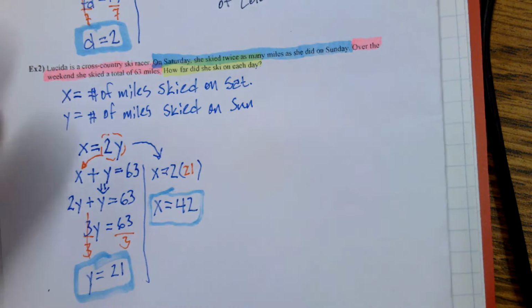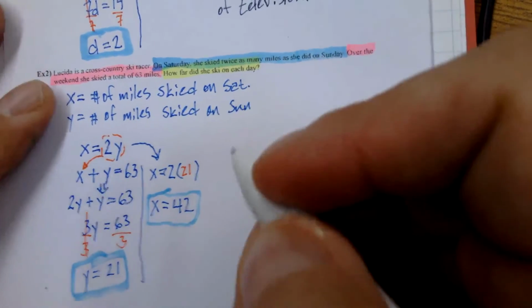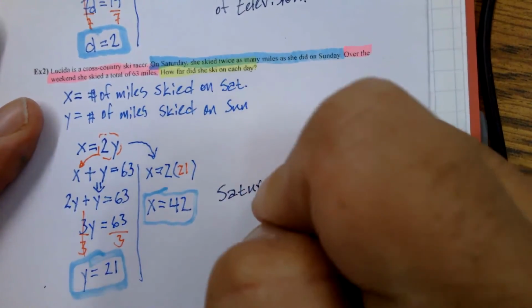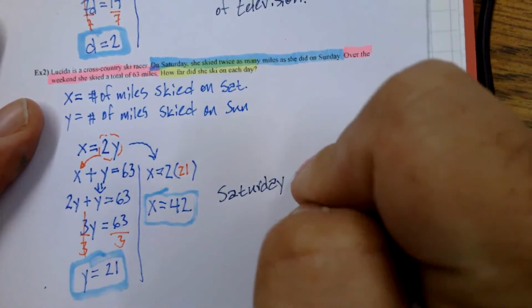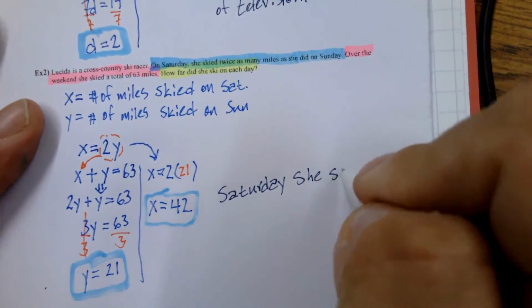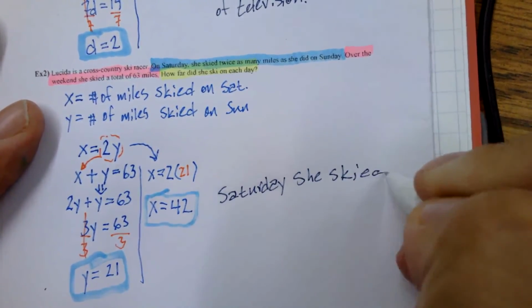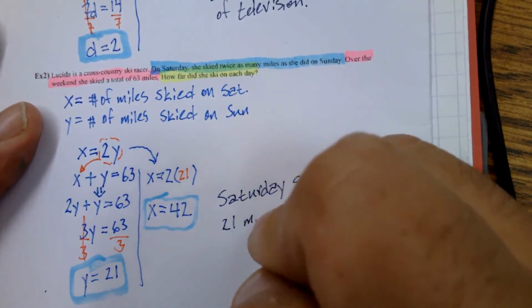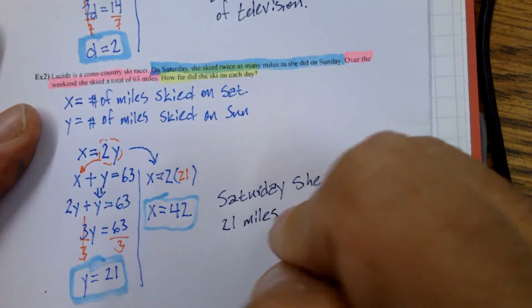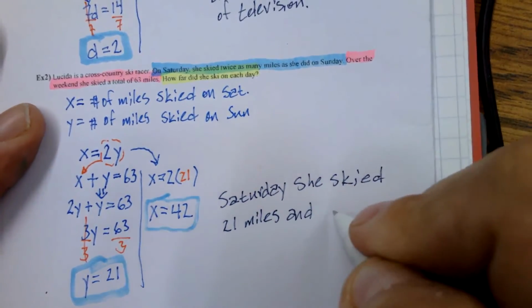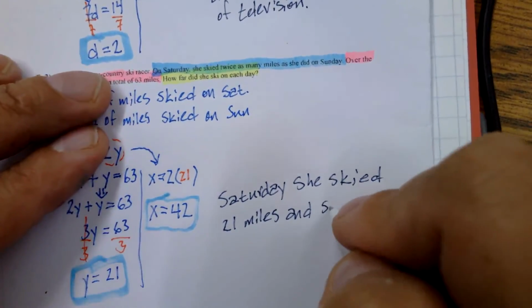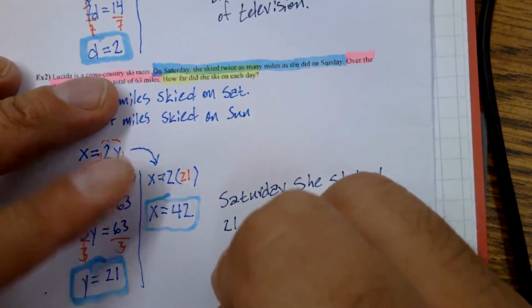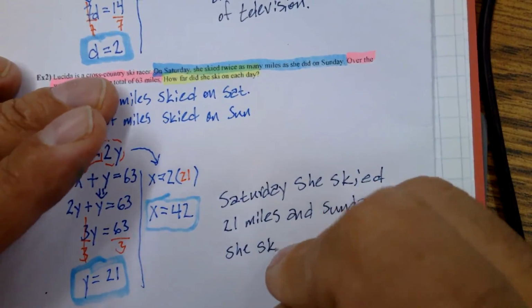All right. So let's see. Saturday, she skied 21 miles. And Sunday, she skied.